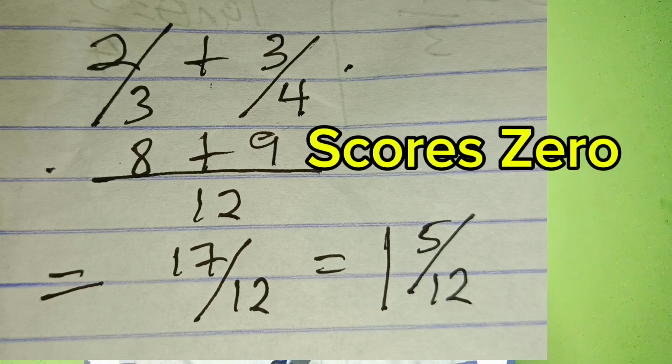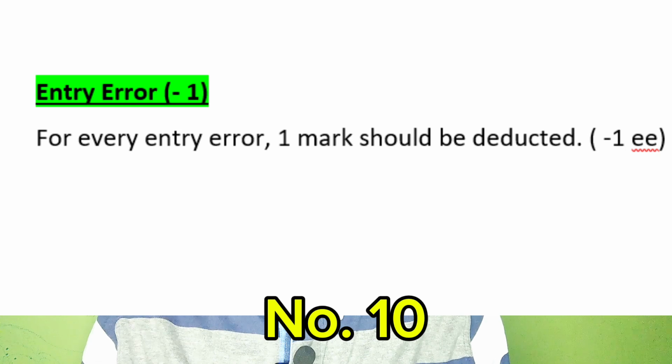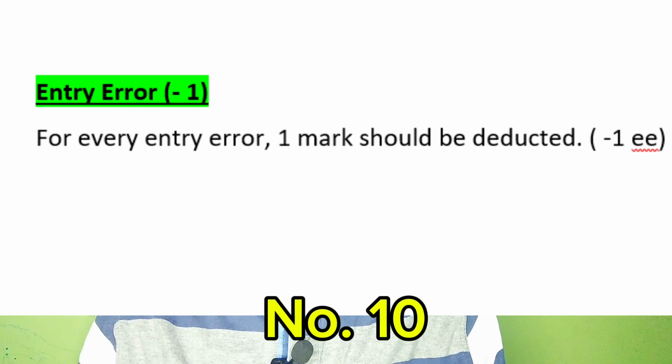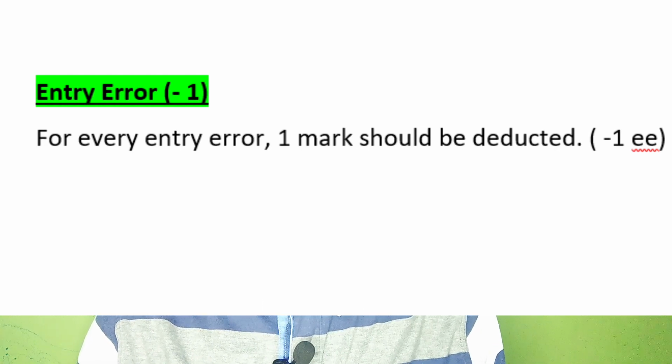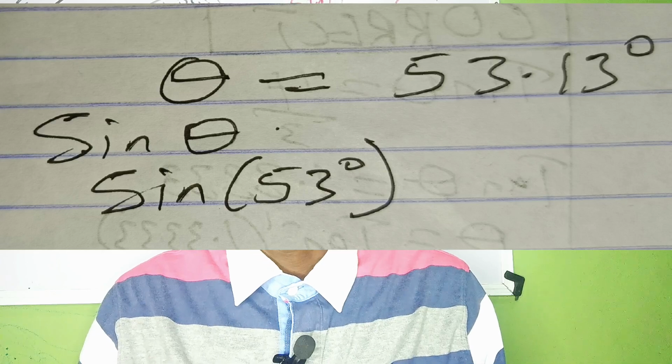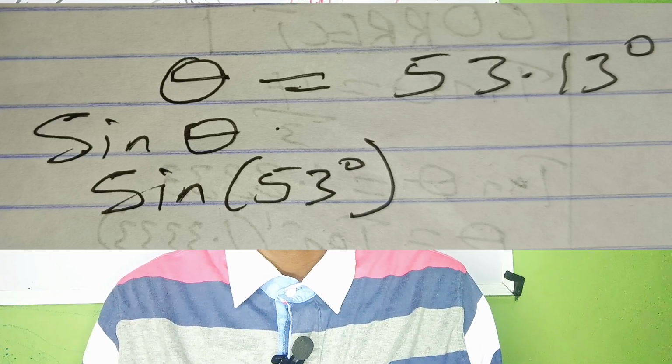Okay, so let's move to the next one, which is the 10th point. That's entry error. That attracts -1. For every entry error, 1 mark should be deducted. Let's take an example. If you have gotten theta, where theta is equal to 53.13 degrees, and we have to find sine theta, which means we have to substitute.